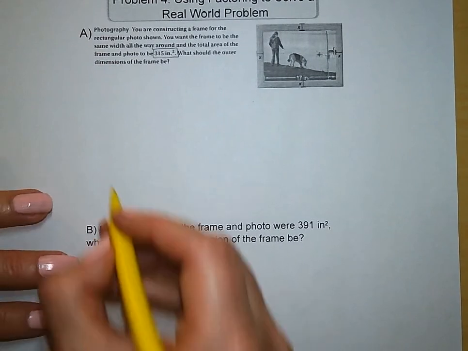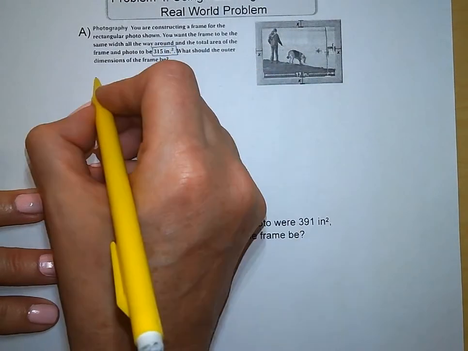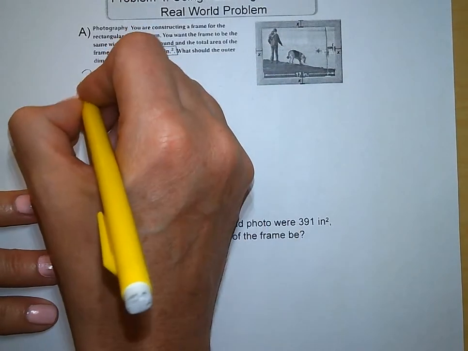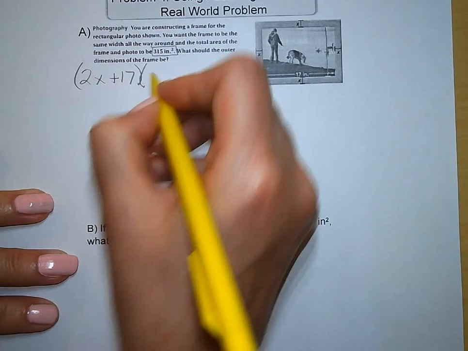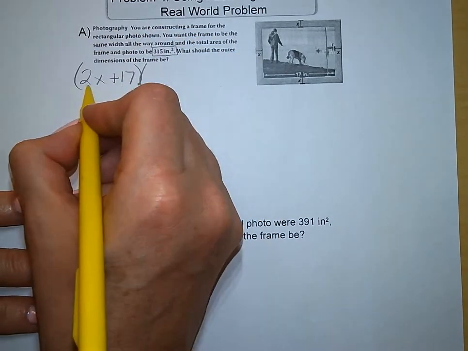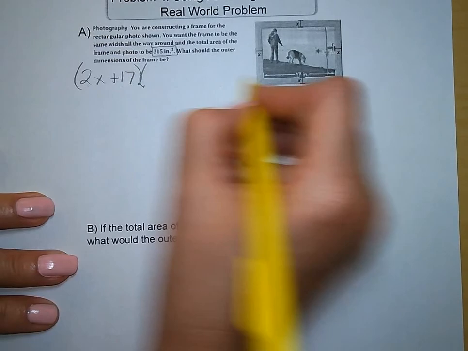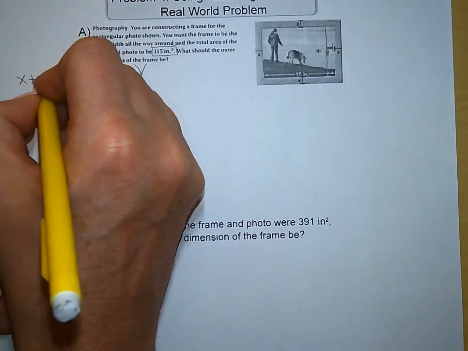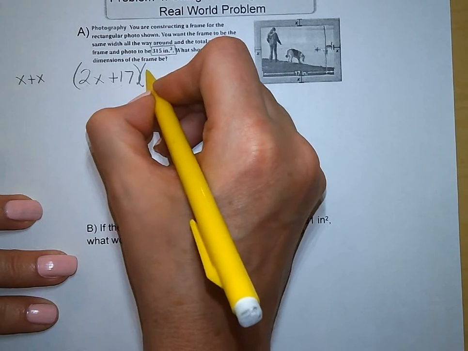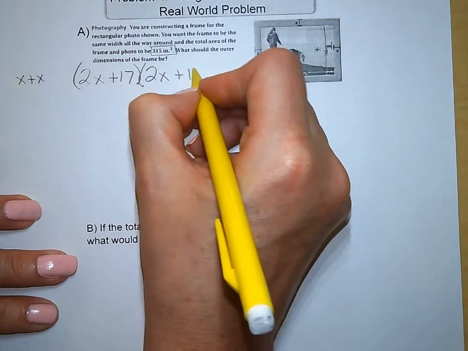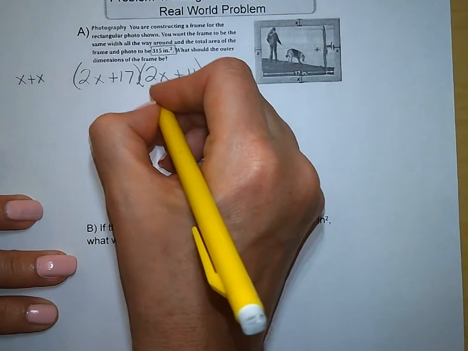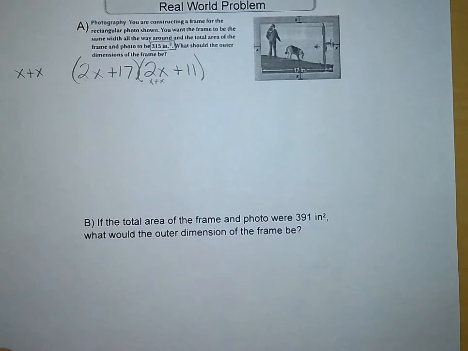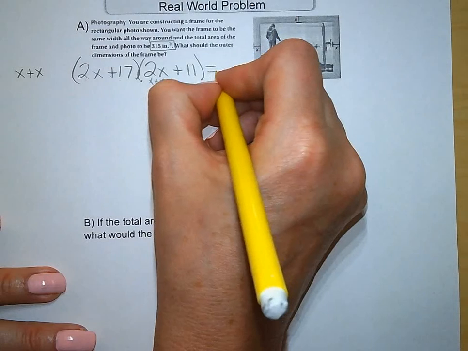So our first factor is going to be 2x plus 17. Okay, we've got the width is 17 plus x on the two borders, so it's 2x. All right. Our second one is going to be 2x plus 11. We've got that same width of the border all the way around, and then we've got an 11-inch picture in the middle. And that equals 315.